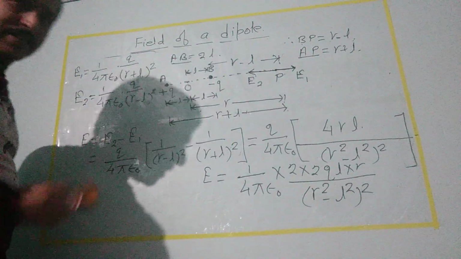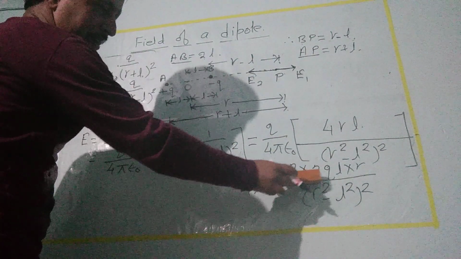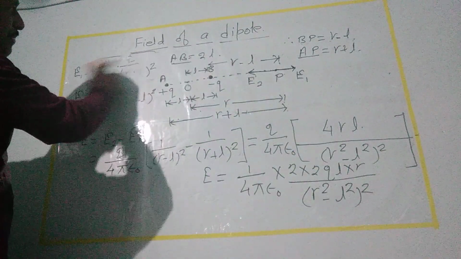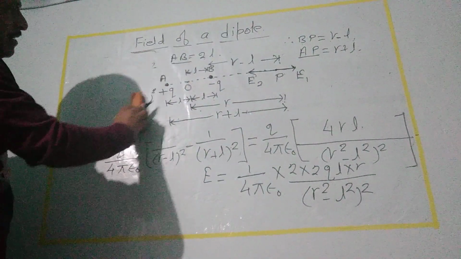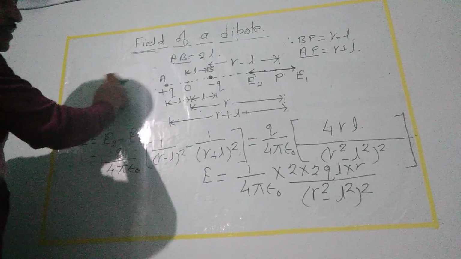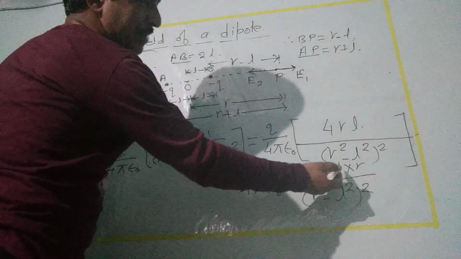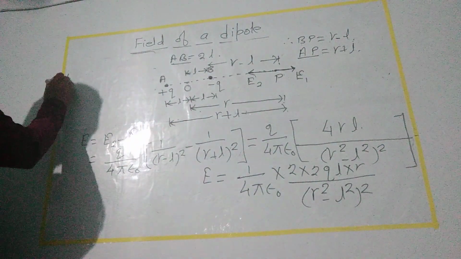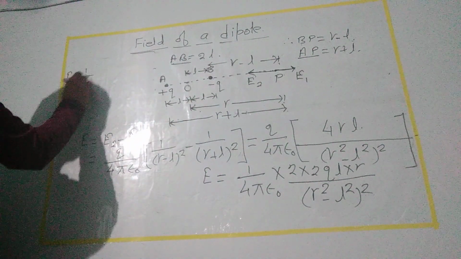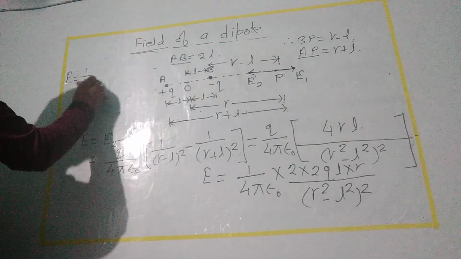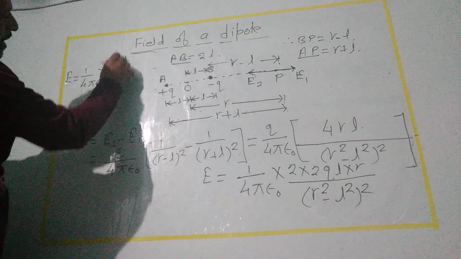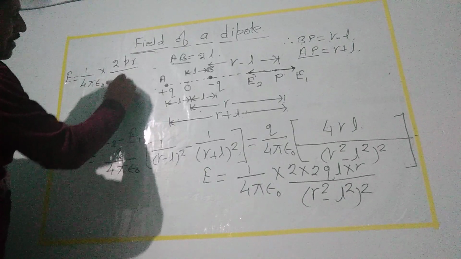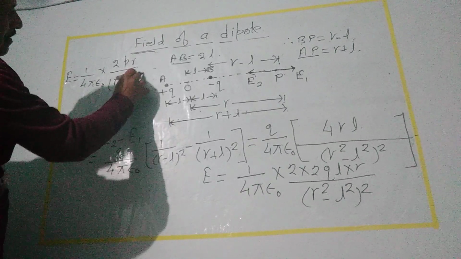Now we know that the product Q into 2L is called the dipole moment of the given dipole and is denoted by the letter P. So we get E equal to 1 upon 4 pi epsilon 0 into 2pr upon (r square minus L square) whole square.